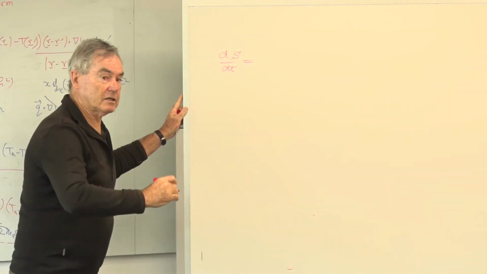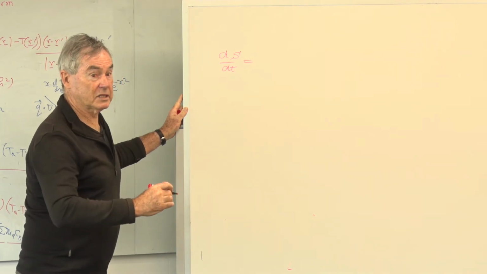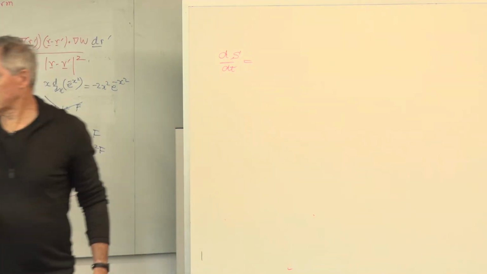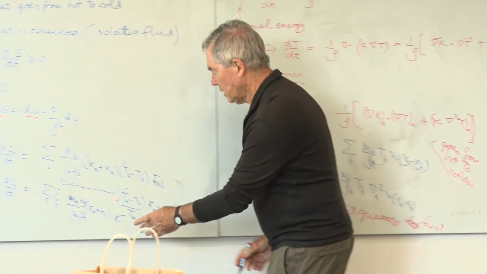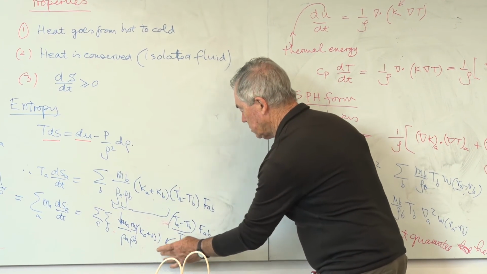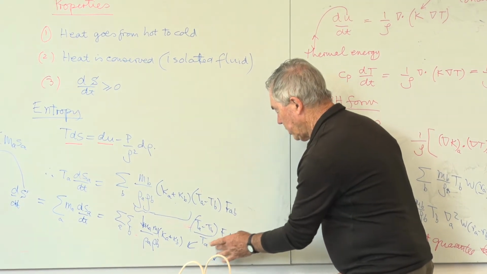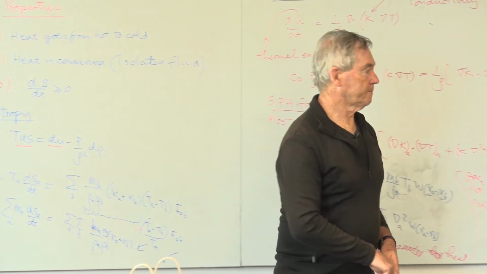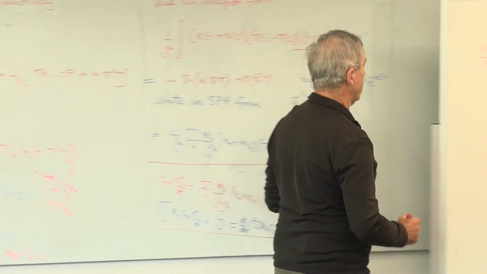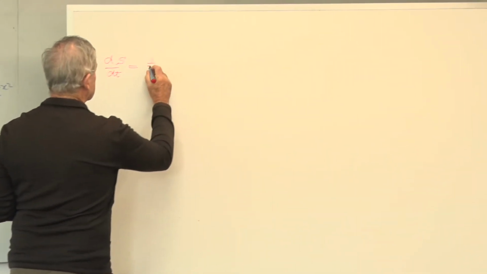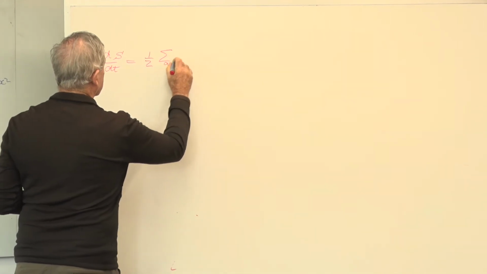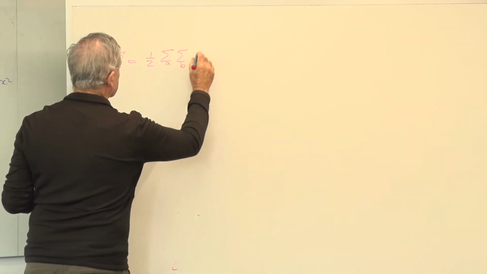Then I'm going to add it to this, which should be the same thing. That is, interchange the labels here. I get a new expression. These don't change. These two change. A becomes B, and FAB actually is symmetric. So I get half sum over A, sum over B.